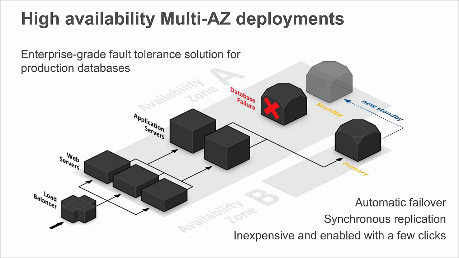So with this configuration, you'll have a master RDS instance that is responsible for handling all the reads and writes against your database. At the same time, the RDS service will provision another EC2 instance as the standby in another availability zone of the overall AWS region that you're running in, and it will also provision the same type and amount of storage as you have provisioned for your master database instance.